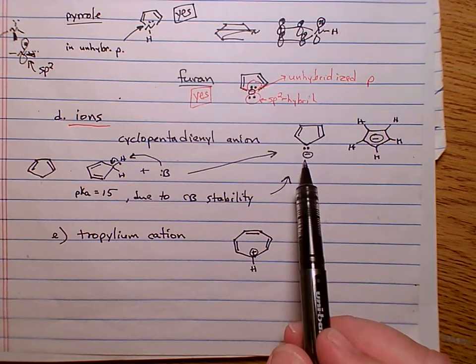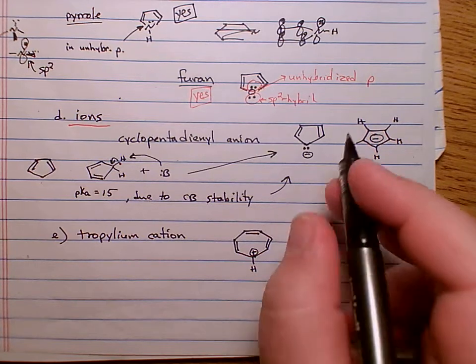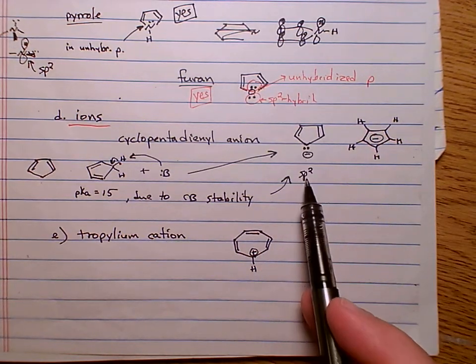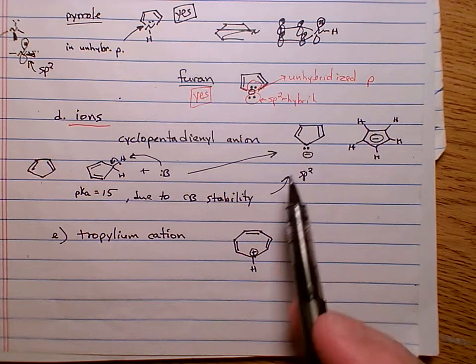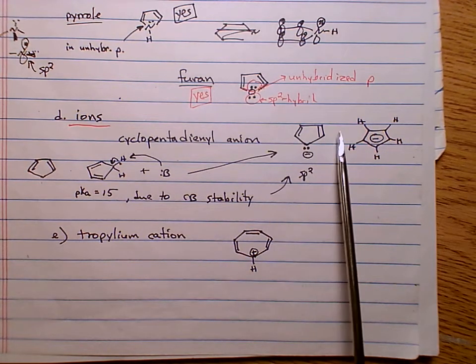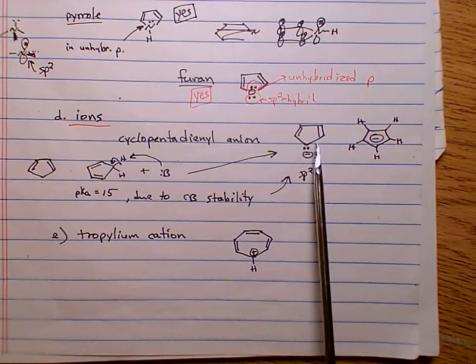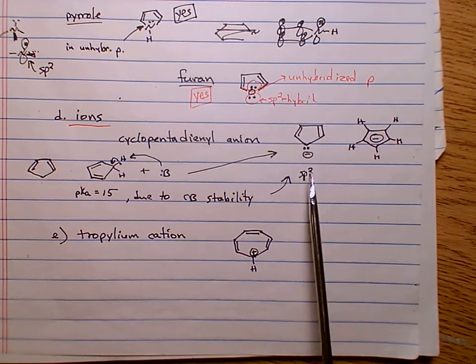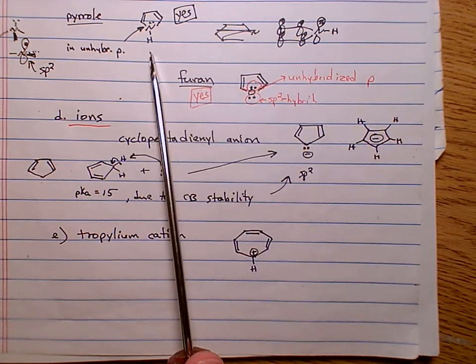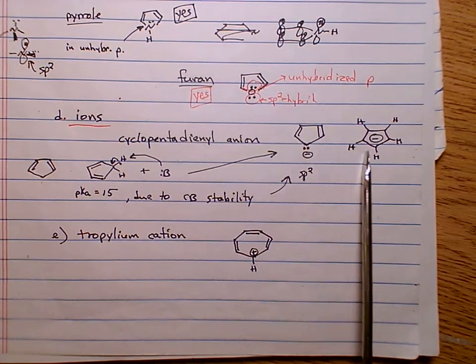Well, this is a carbanion, and we know carbanions are sp2 hybridized carbons with that lone pair in the unhybridized p. And we've seen this before. 5-membered ring, 2 double bonds, an atom that is sp2 with a lone pair in the unhybridized p, a la pyrrole, means this is now aromatic.